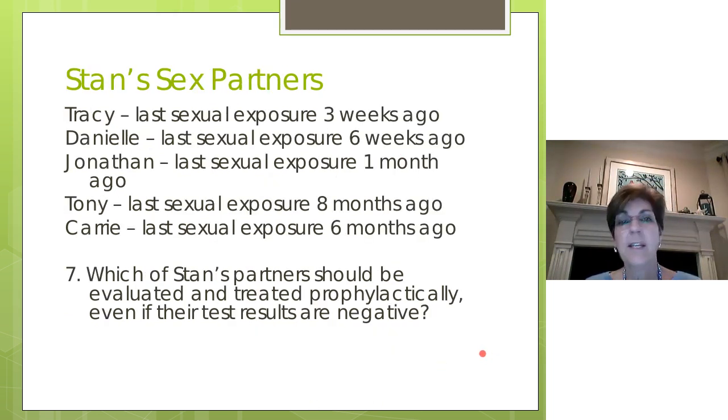Okay, so Stan's sex partners: Tracy, last intercourse 3 weeks ago. Danielle, 6 weeks ago. Jonathan, 1 month ago. Tony, 8 months ago. Carrie, 6 months ago. Which of his partners should be evaluated and treated prophylactically even if their test results are negative?